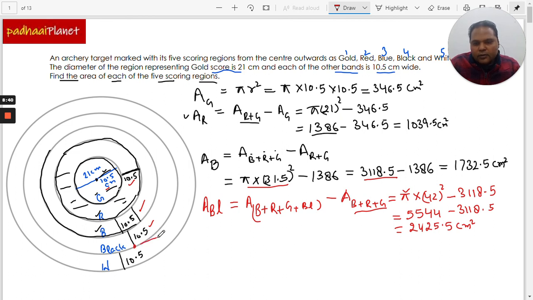So we got it till here, right? Till this circle, right? Now we are going to talk about the outermost circle, and the area of the white region is going to be equal to the area of all the regions, that's like white, black, then we have blue, and then we have red, and then we have gold, right? And we subtract from this the area of black plus blue plus red and plus gold, right?